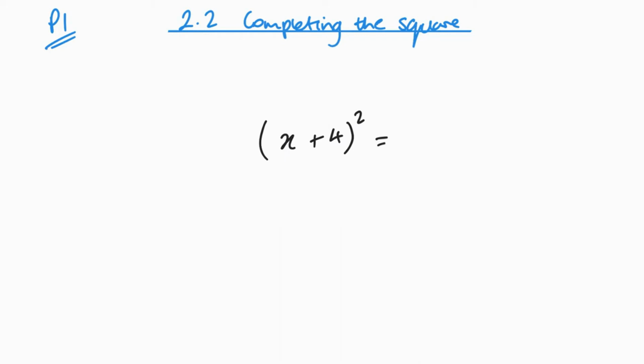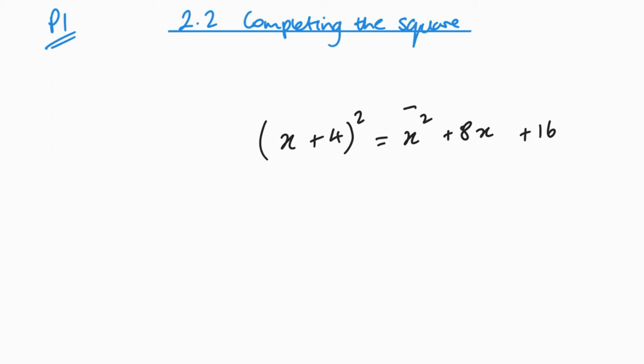If I square this bracket, it's the same as this, which I can factorize, or I can take a shortcut: the x squared, the first term squared, the last term squared, and double the product. So x times 4 is 4x, doubled is 8x. And that's the quickest way to expand this.